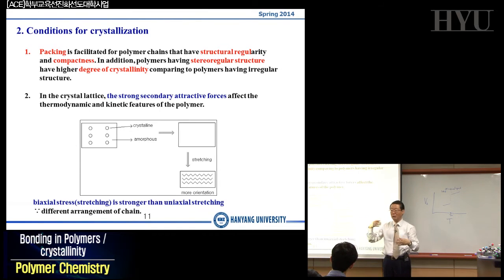up to above the melting temperature, which is maybe 250 degrees C. If you put your film into your oven and heat it up, your film will melt if you have a crystalline portion. Once it's melted in the oven, you have two options.